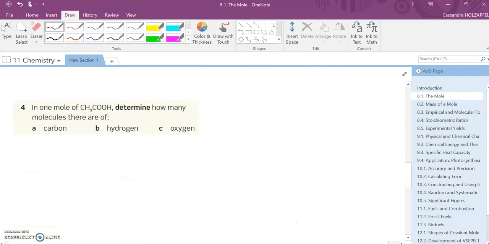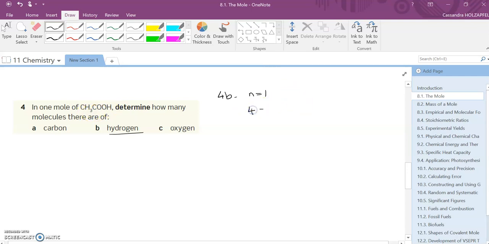All right, so let's have a go at question 4. Again, if you want to have a go at this yourself, be my guest. I'm only going to go through the answers for 4B just so that you guys can see the process. So let's start off 4B. First things first, let's read this question. There's 1 mole of CH3COOH, determine how many molecules there are of hydrogen. Okay, so I'm going to assume that they mean individual atoms of hydrogen.